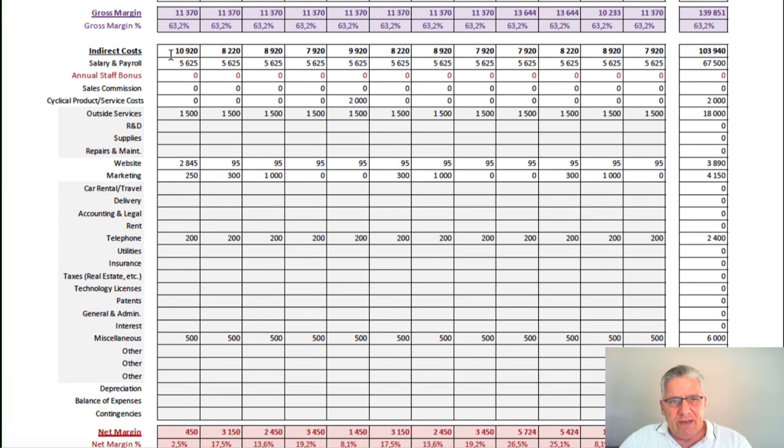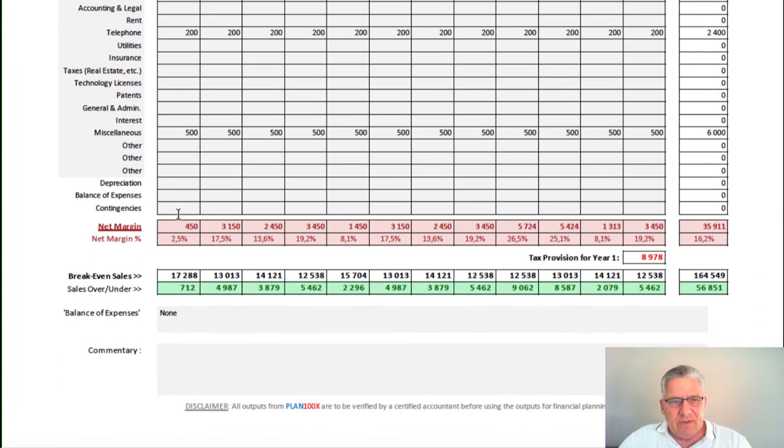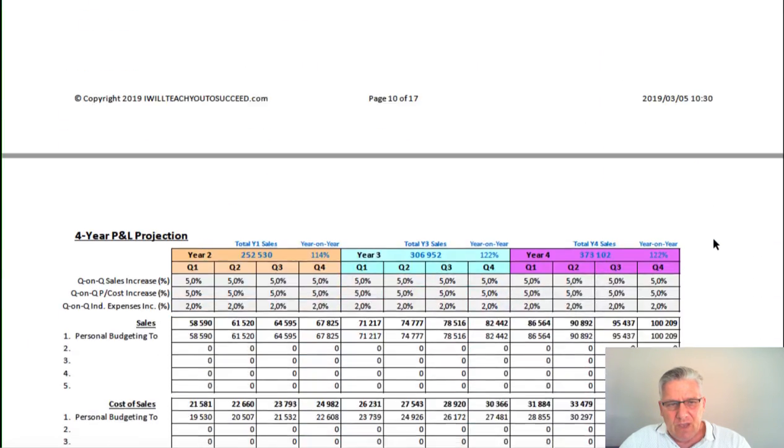If you remember, we added 12.5% on for staff benefits. That's why it's 5,625 and not just the 5,000. Right, so down we go. Remember, the break-even sales was all in the green, which is really great. Our net profit is sitting at 16.2%.